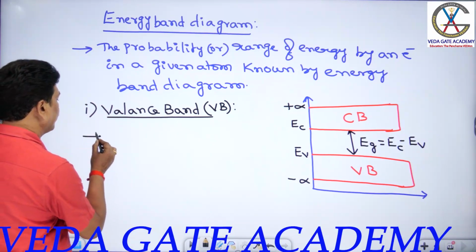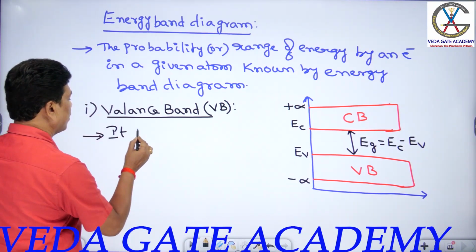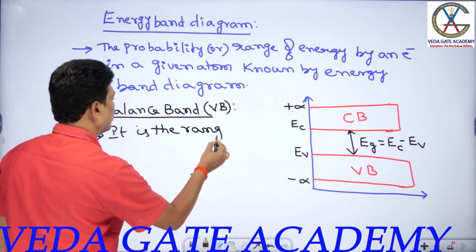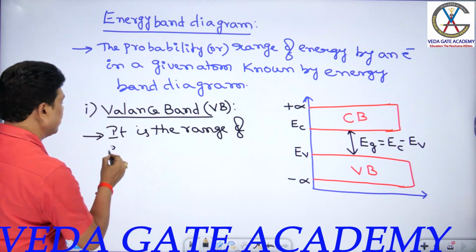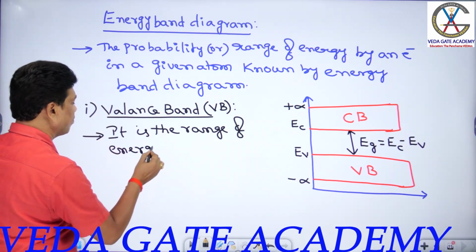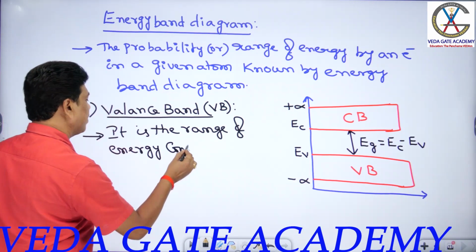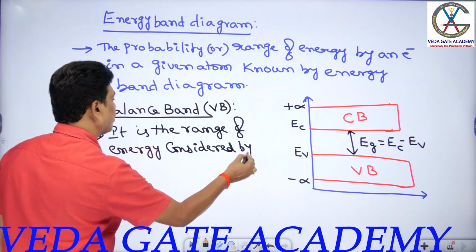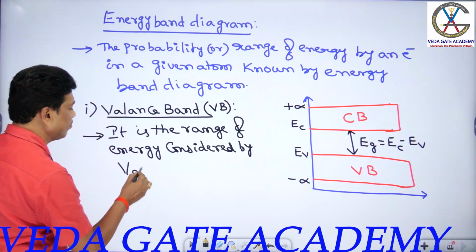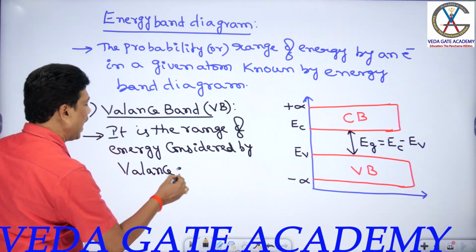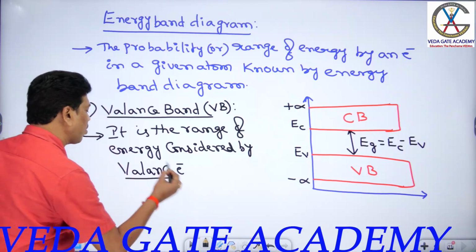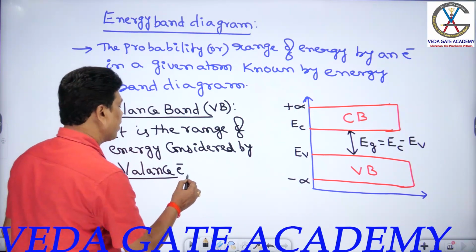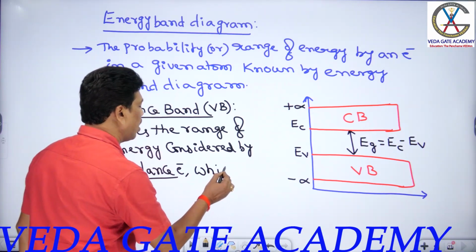It is the range of energy considered by valence electrons. Remember, as long as you are using the word valence electrons, that indicates the electrons are not free.